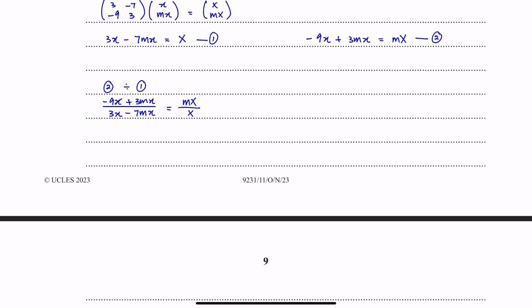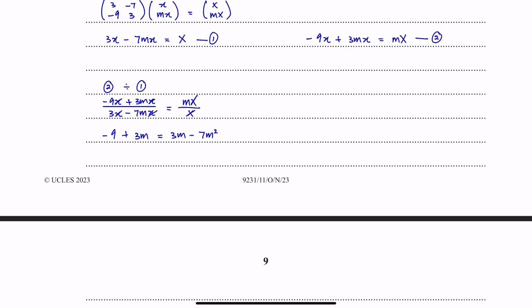So we can cut off the x's. And now we get negative 9 plus 3m equals 3m minus 7 whole square.